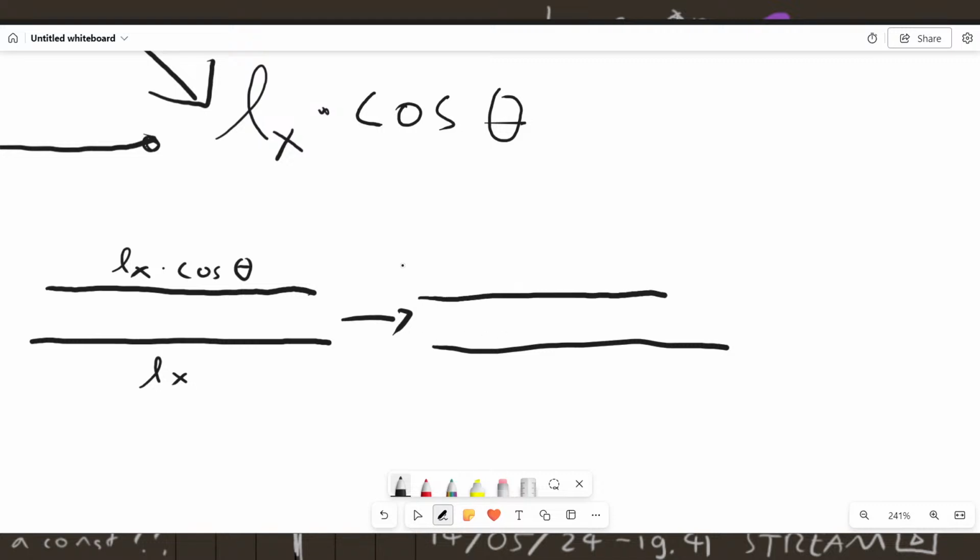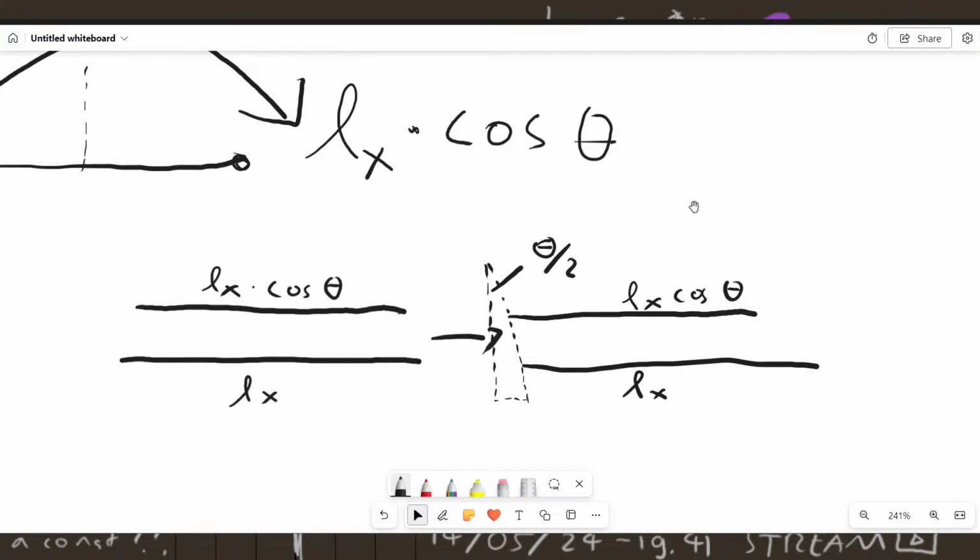Like that. We want to make this imaginary triangle. We're going to make this theta over 2. This is Lx, and this is Lx cosine theta. So how do we do that, and how do we make sure that it's actually what's happening?